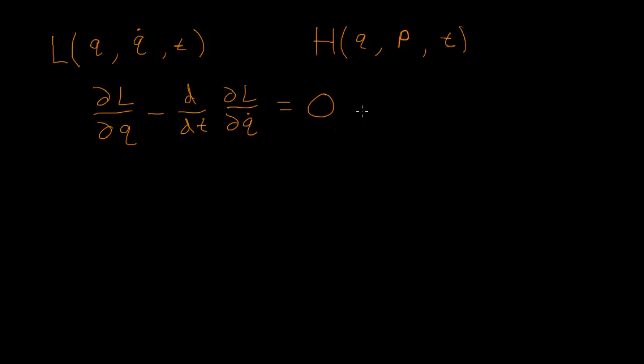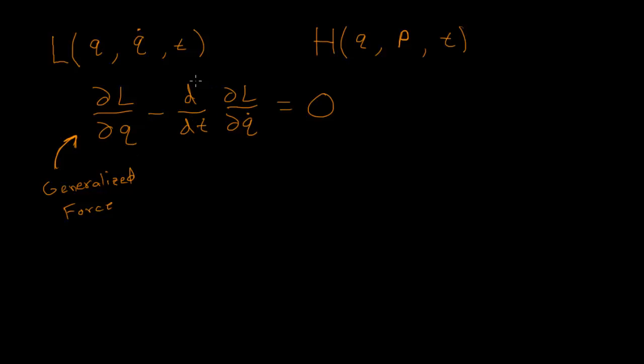So we touched on this a bit in the video about the method of undetermined multipliers, but we can think of this thing as a generalized force, right? If we put this in rectangular coordinates, this actually ends up being the force. So this is the generalized force, and this is the generalized momentum, right?